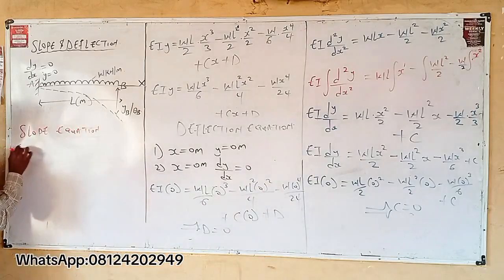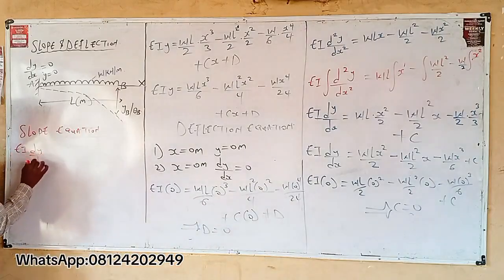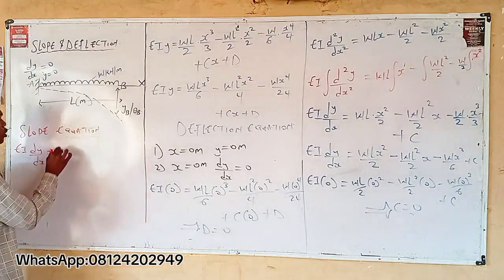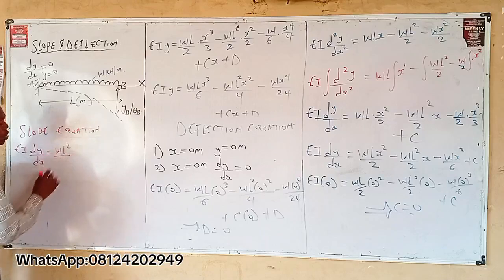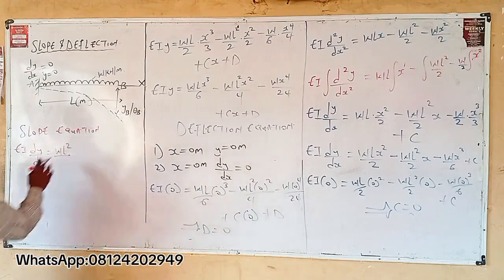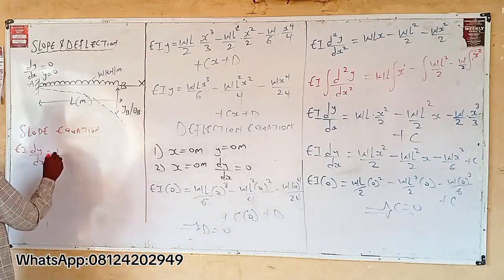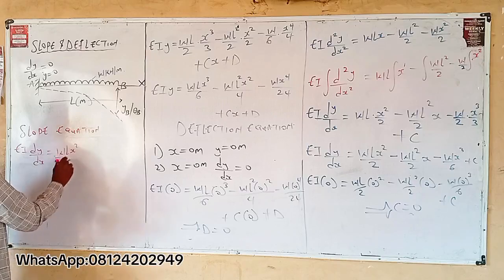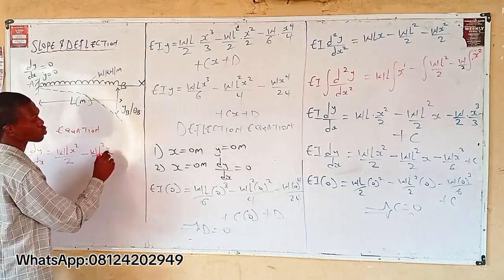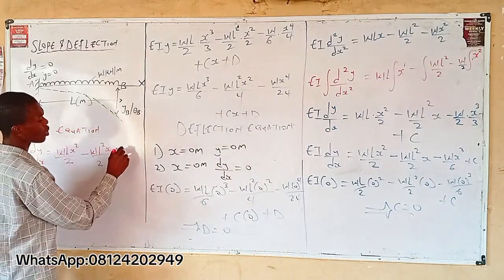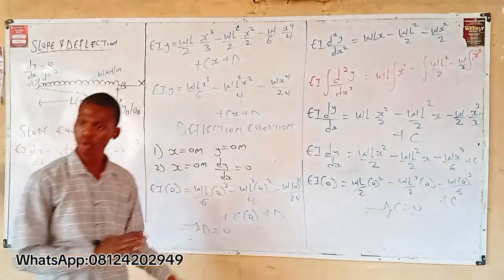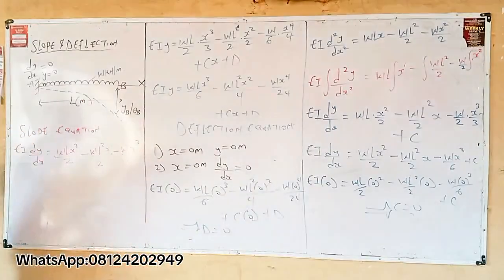EI dy over dx is equals to WL x squared over 2, negative WL squared x over 2, negative W x cubed over 6, plus 0, which is the same as not writing anything.